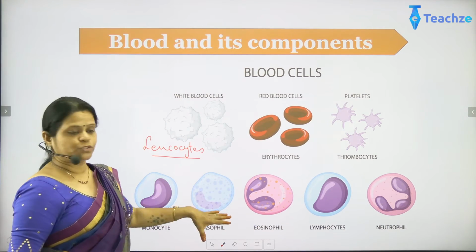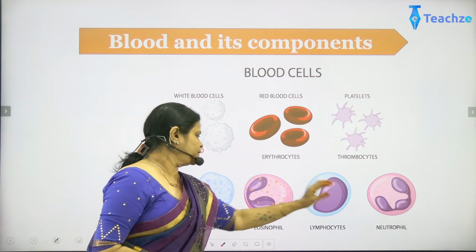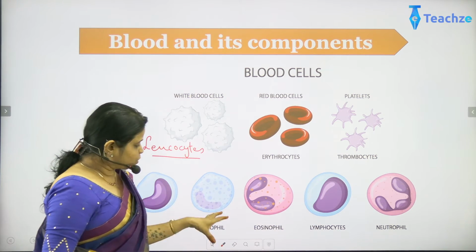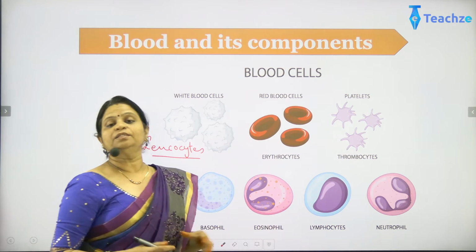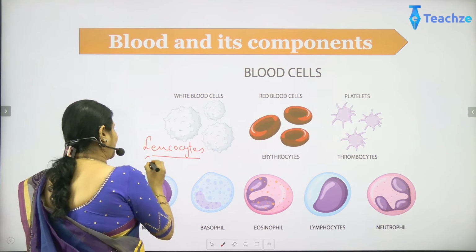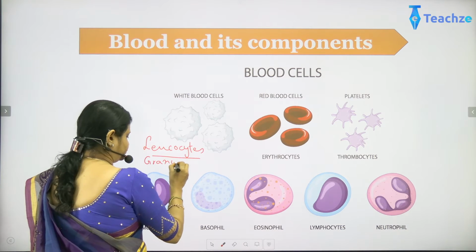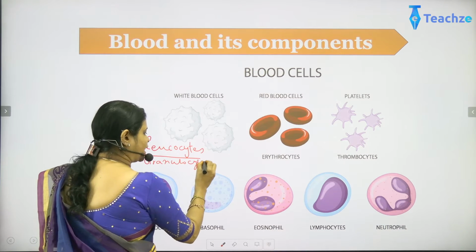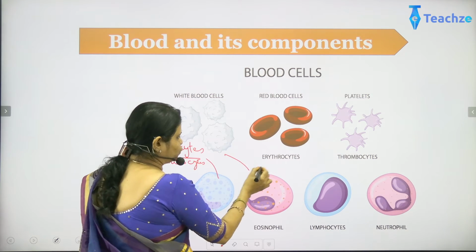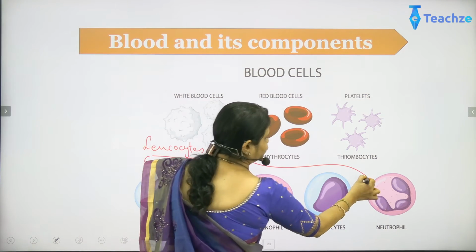Now this will be the basophil, and this will be the neutrophil, the monocytes and lymphocytes. The basophil, the eosinophil and the neutrophil are all together called the granulocytes. So granulocytes include all 3: the basophil, the eosinophil as well as the neutrophil.